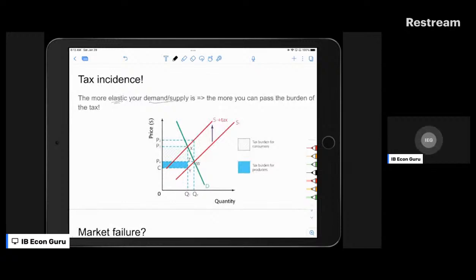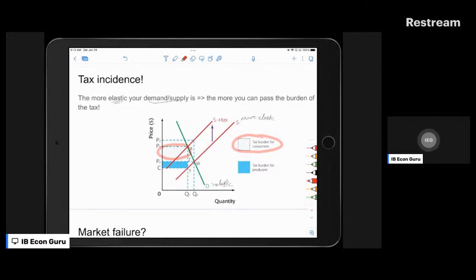So in this diagram, you see that the consumers have very inelastic demand, while the supply is rather more elastic than the demand. As a result, the consumers will bear the greater share of the tax burden, as you can see, right? Because the producers' supply is more elastic, and the consumers have rather inelastic demand, producers can afford to pass on most of the tax burden to the consumers.